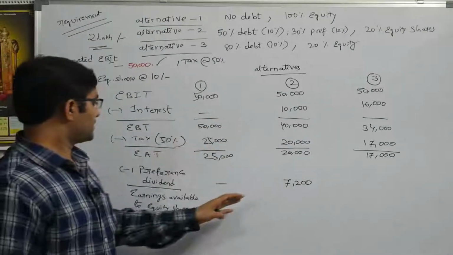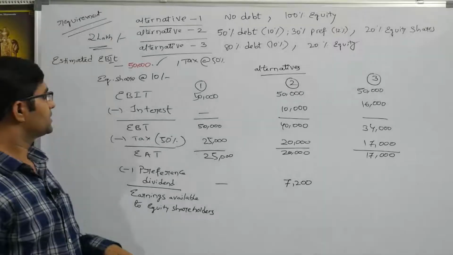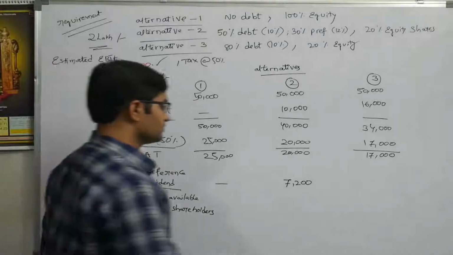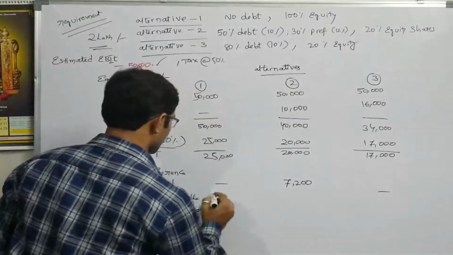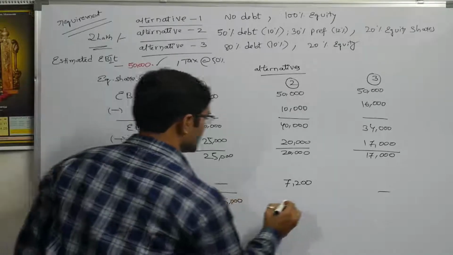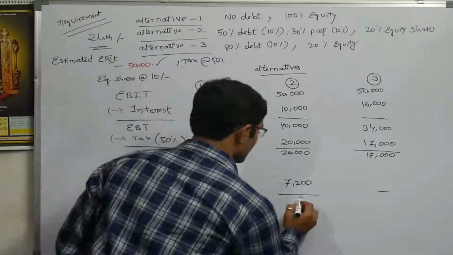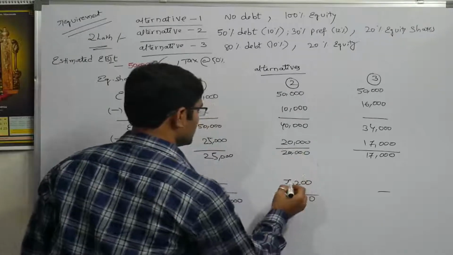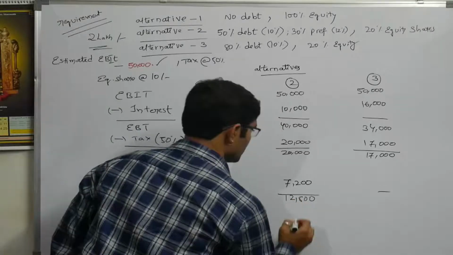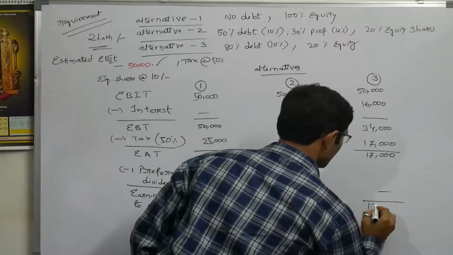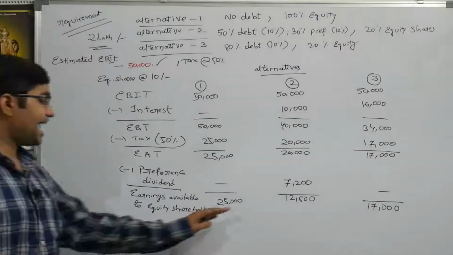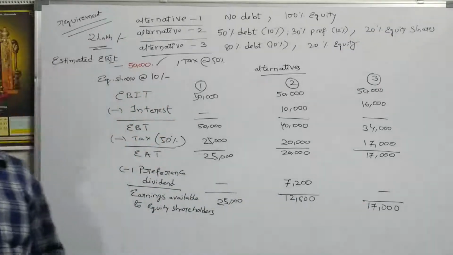And next one is third alternative, there is no preference, so it's 0. 25,000, 20,000 minus 7,200, 17,000. This is earnings available to equity shareholders.